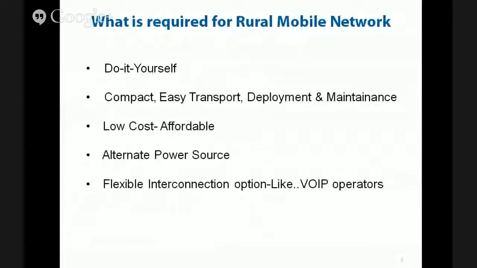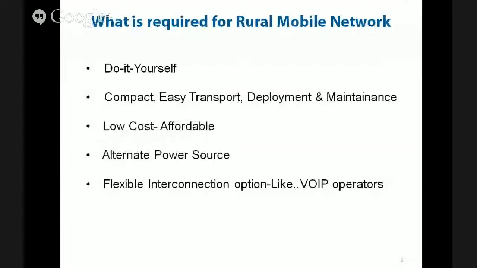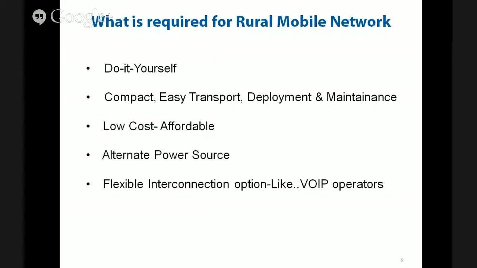And here is what is required for a rural mobile network. So how we can easily provide the rural mobile network to those areas which are disconnected. It should be a solution which is very easy to deploy, or anybody can deploy it.